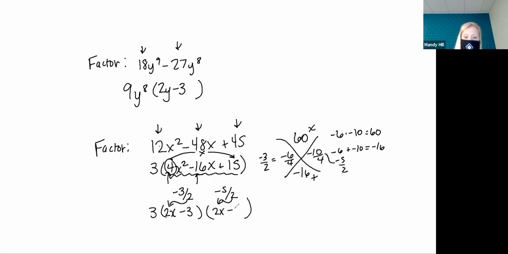So 2x minus 5. And it would be perfectly fine if you had switched those: 2x minus 5 times 2x minus 3, same answer, right? Okay. Am I good? Or y'all, do I need to slow down?